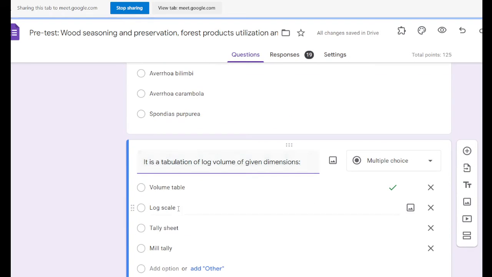The log scale is actually the tool to determine the yield of lumber from a given log. For this case, the question is a tabulation of log volume of given dimensions, particularly dimensions of trees. So that is a volume table. Okay?